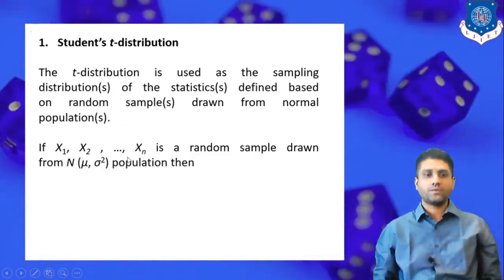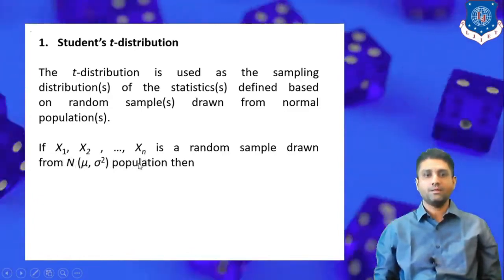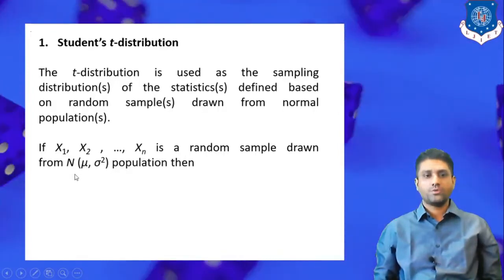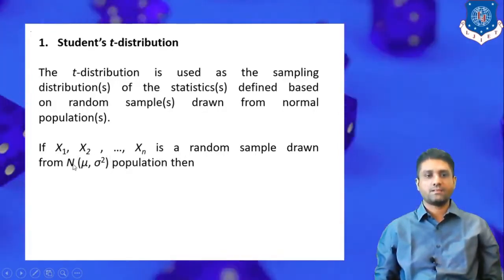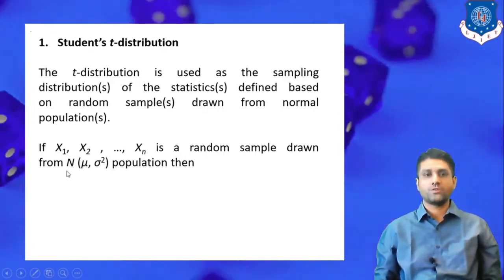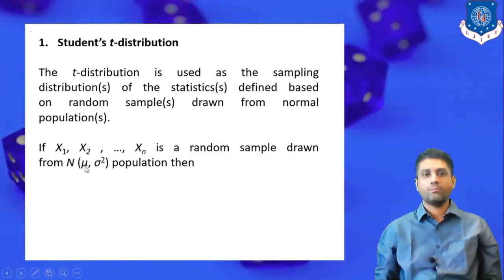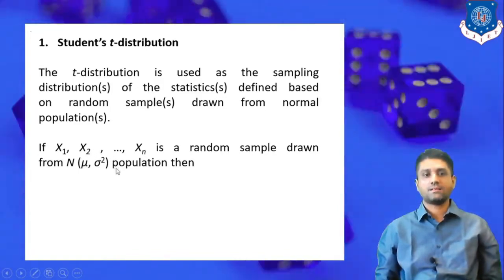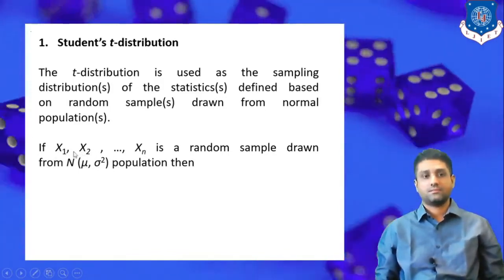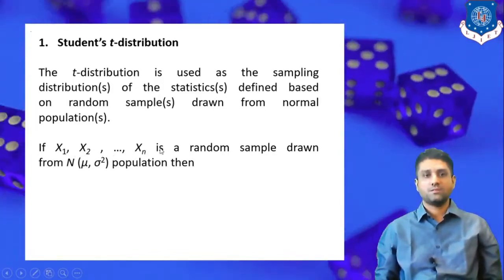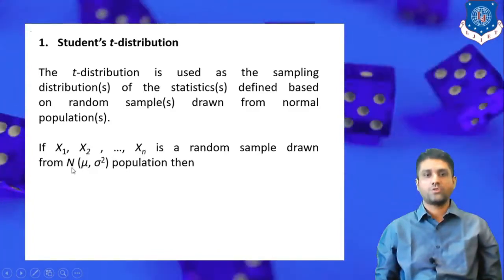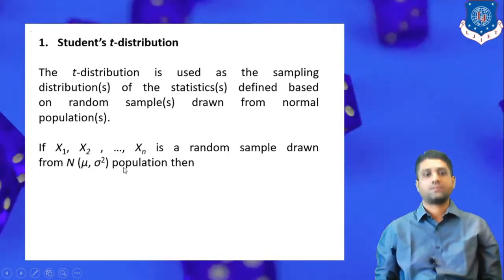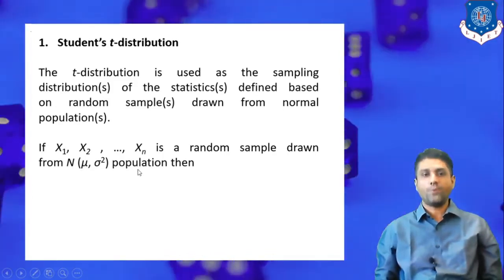If x1, x2 up to xn are n samples taken randomly from the normal distribution, this can be read as capital N, the normal distribution with mean mu and variance sigma square.